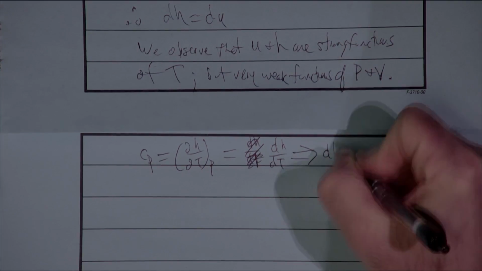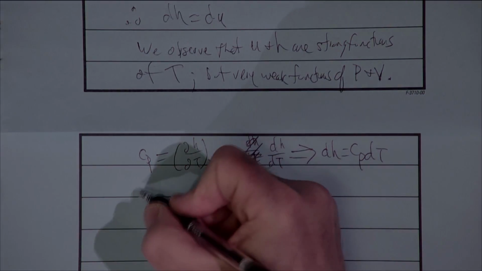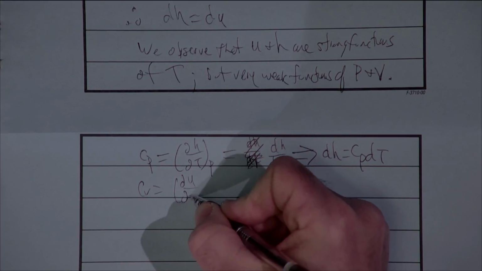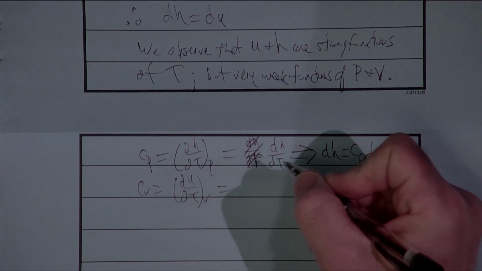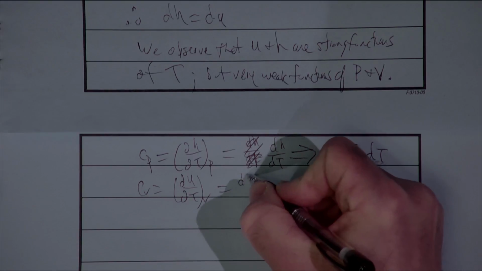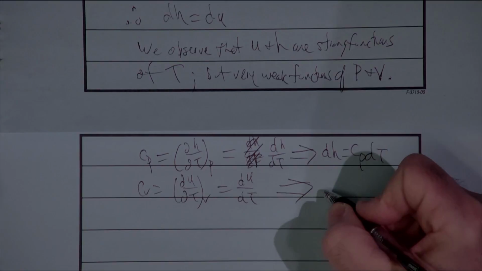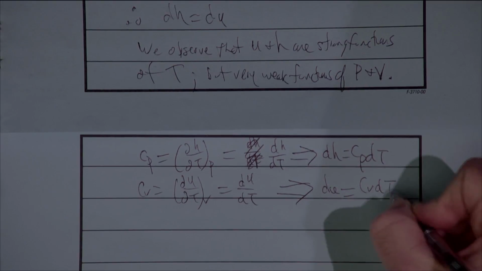And therefore, dH is equal to Cp dT. Similarly, the specific heat at constant volume, which is defined as partial of U with respect to T at constant V, again, since U is a strong function of temperature but a very weak function of volume, then this is also approximately equal to just dU dT. So just like the enthalpy equation above, we find that dU is equal to Cv dT.